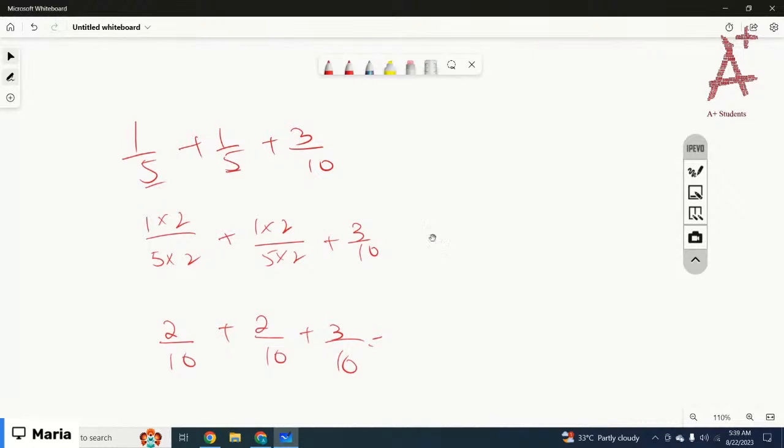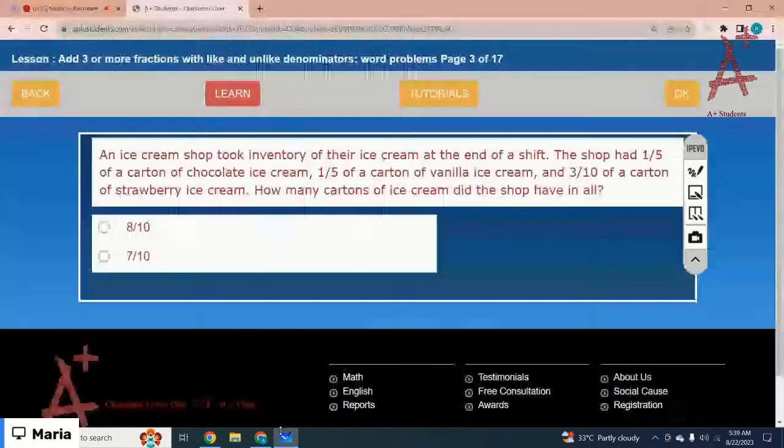When you add their numerators, it would be 3 and 2, 5 and 2, 7 over 10. So the correct option is 7 over 10.